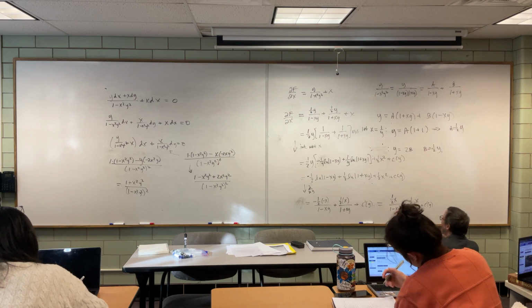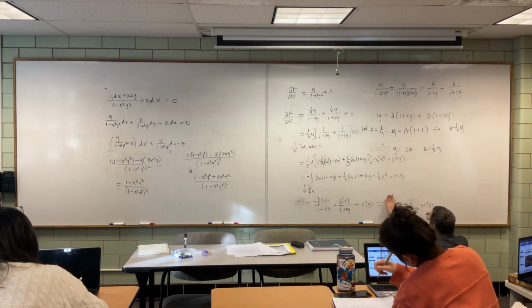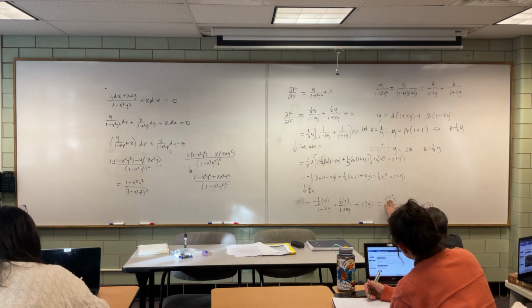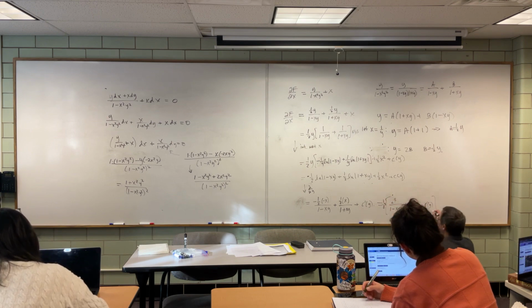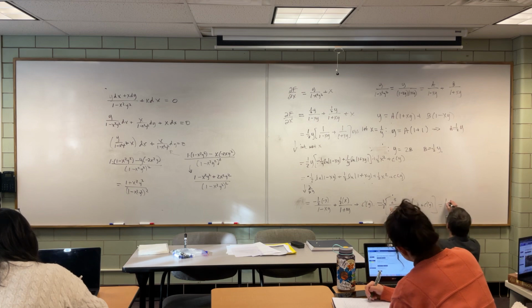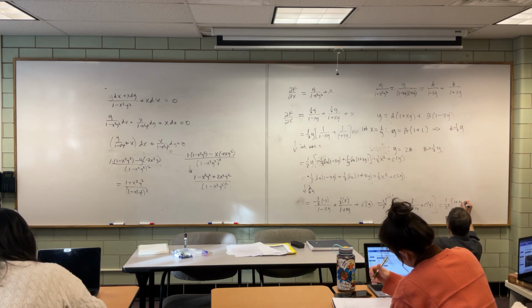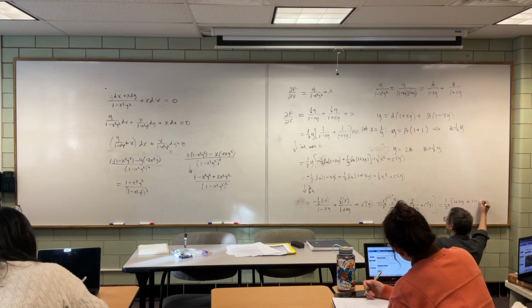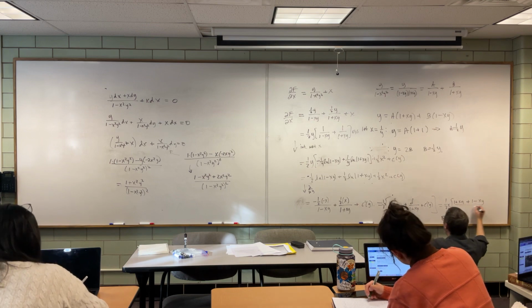And then I'll take 1 half x out in front, 1, 1, boom, boom. And then this becomes 1 half x, that plus that. Look at that. That is working out great.